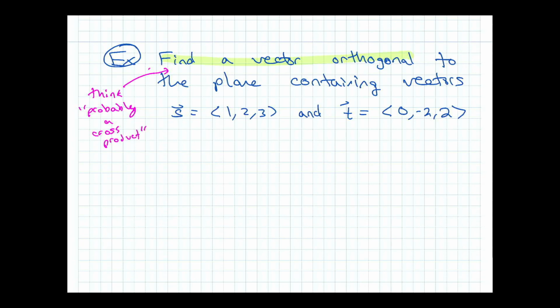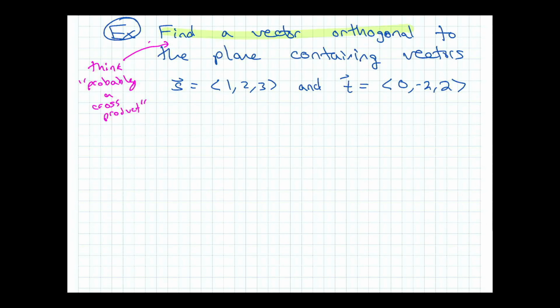So that's going to be a cross product. And specifically, all you've got to do is just take the cross product of these two things. So it's a problem that sounds a lot more complicated than it is, right? The idea is actually pretty simple.